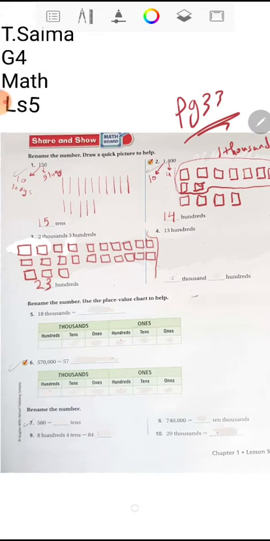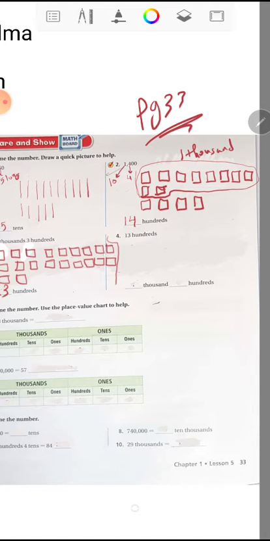What about number 4? 1300. I have to use flats. The 3 will be 3 flats, and the 1 is 10 flats.